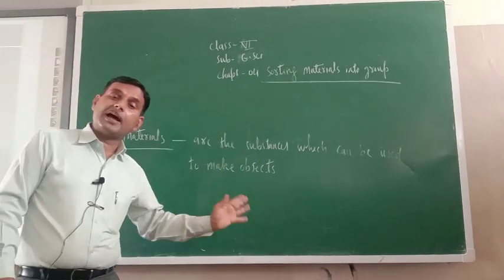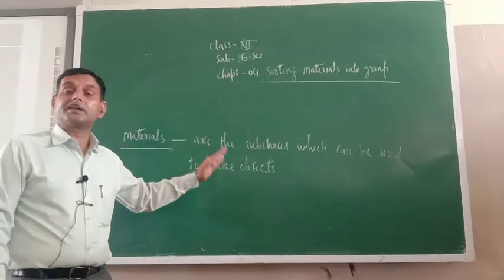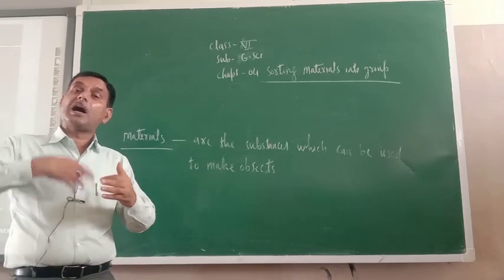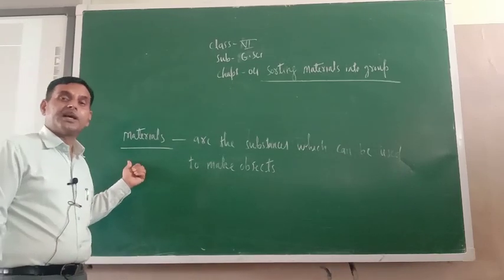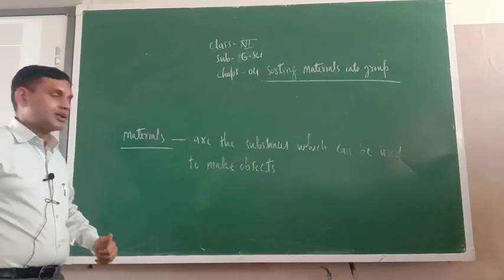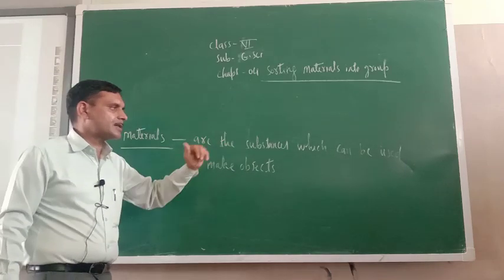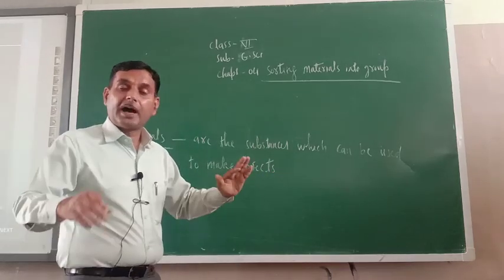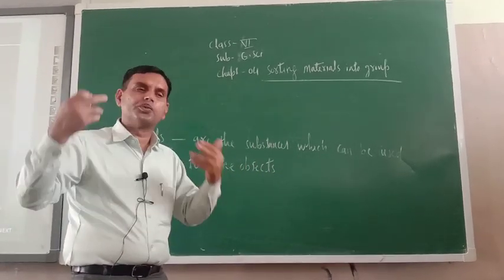Objects which are made from the material are known as objects. Materials are the substances which can be used to make objects, and an object has a specialized purpose, specialized use.